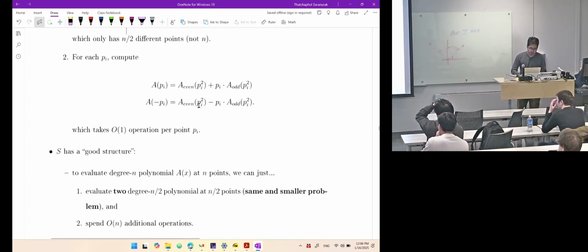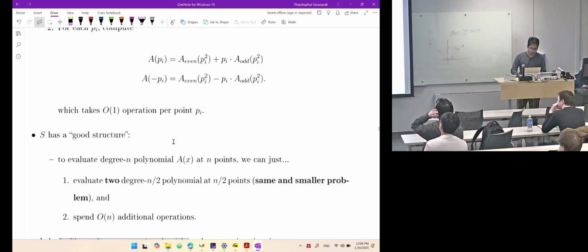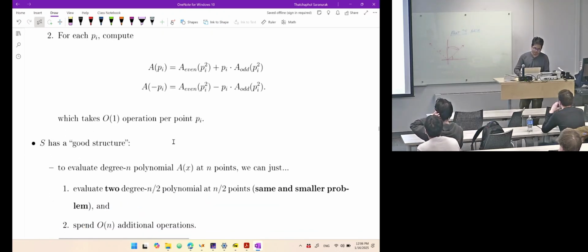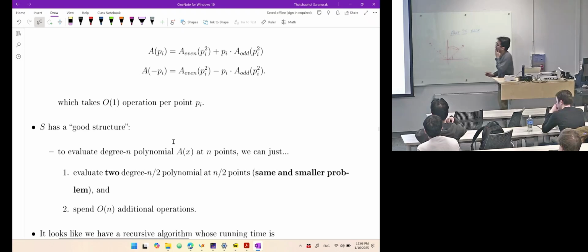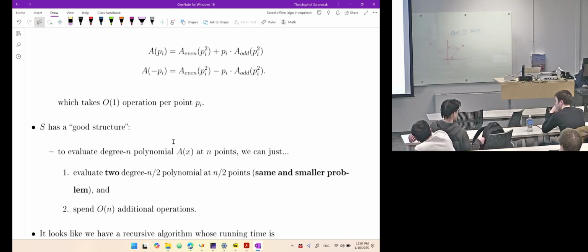Okay. I'm just trying to recall what happened last time. It seems like if we want to evaluate A at n points, then all you need to do is evaluate two polynomials of degree n over 2 at n over 2 points.